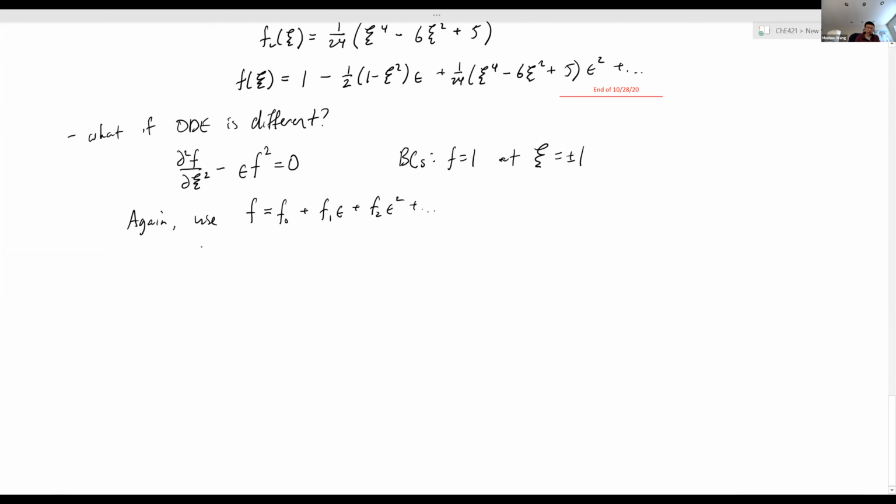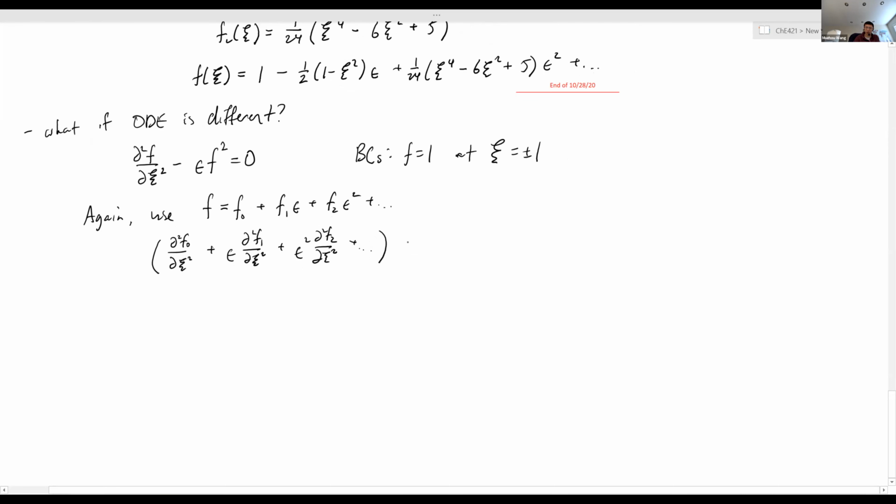And so this first term right here is just the second derivative, sorry. Okay. And then the second term right here is again just the original equation here. Not epsilon 1, sorry, epsilon.